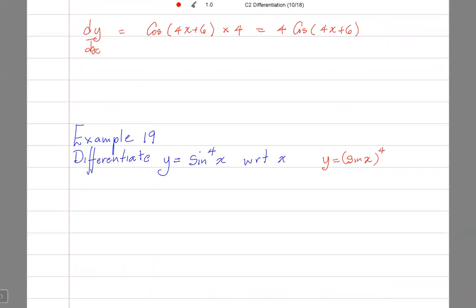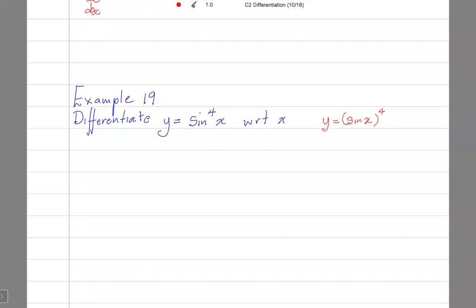Number 19. Now we're asked to differentiate y is equal to sine to the fourth power x, and we're asked to do it with respect to x. Everybody should bear in mind that y is equal to sine to the fourth power x is the same as saying y is equal to sine x raised to the fourth power.